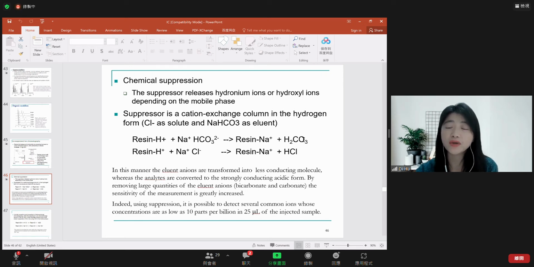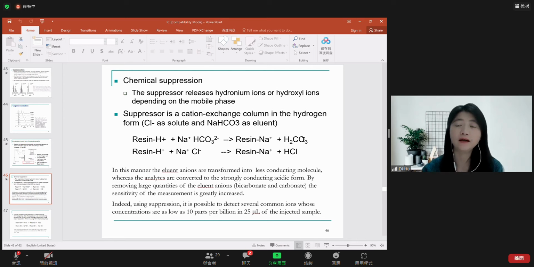So this one is a weak acid. That's why it's not as conductive as the ion itself, okay? But now it converts chloride to what? Hydrogen chloride, so it's the strong acid form. When we talk about conductivity, the hydronium ion, the hydrogen ion, is the most conductive cation, okay? I think I wrote some numbers for you before, right?